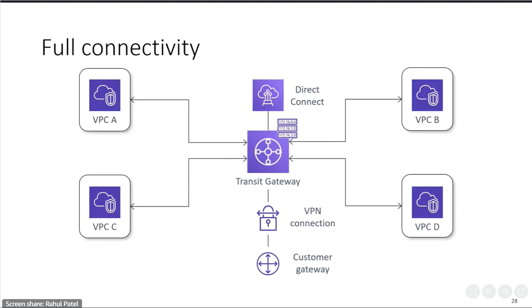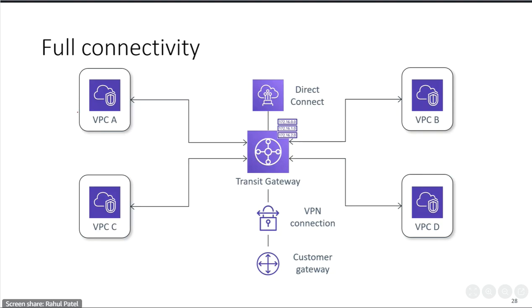Now, this is an example where we are using a transit gateway and we have 4 VPCs that are connected to this transit gateway. So transit gateway is going to act as a central hub here, and the traffic is going to travel through it. And this is full connectivity.